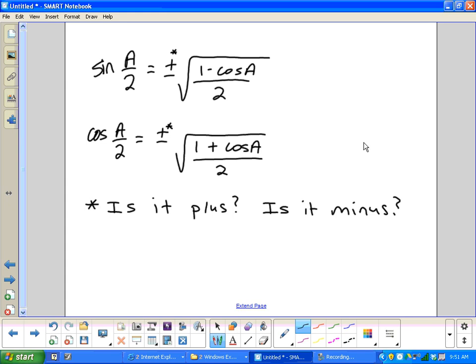Usually you run into problems. You have to look at two numbers and decide which quadrant this leads me to. This is why I say, and I'm going to put it in all caps here, you do the sign first.